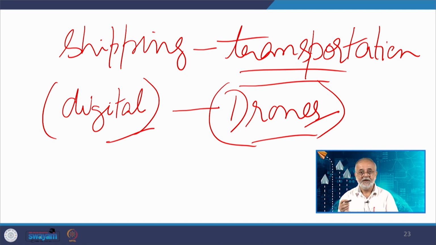When drones were getting into the picture, no one thought that they would be used as part of a channel management system.